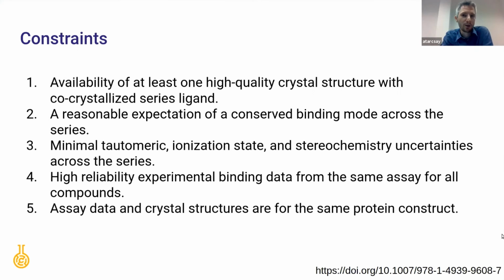a high quality crystal structure co-crystallized with the initial ligands is available, if you have reasonable expectation of the conserved binding mode across the series, minimal tautomer and ionization state changes, when the experimental binding data originates from the same assay to have the high correlation, and when the X-ray structure is from the same protein construct.